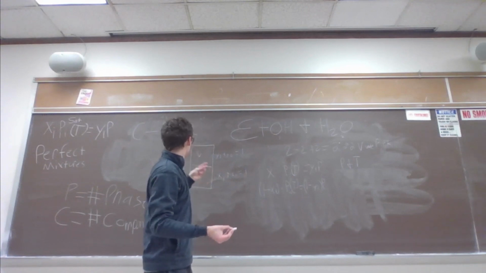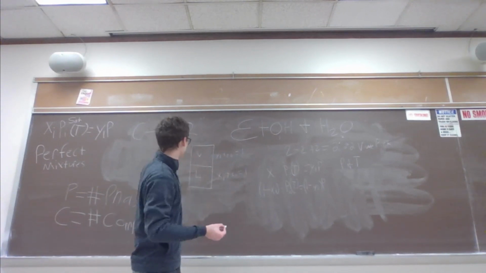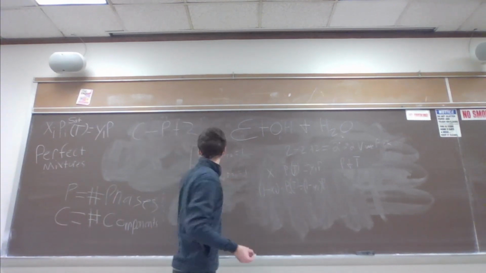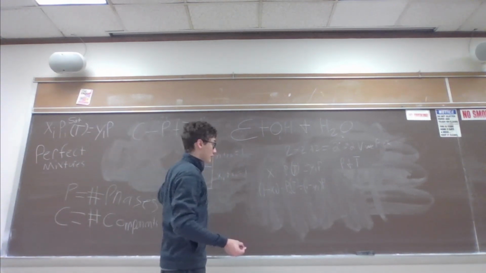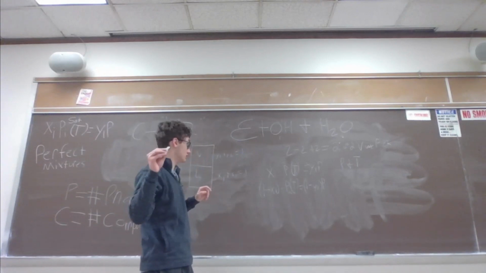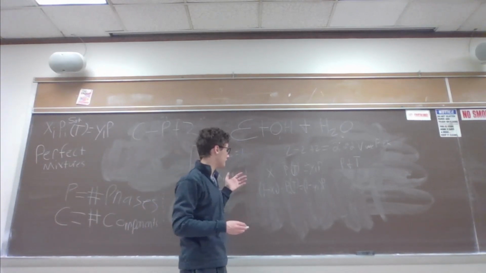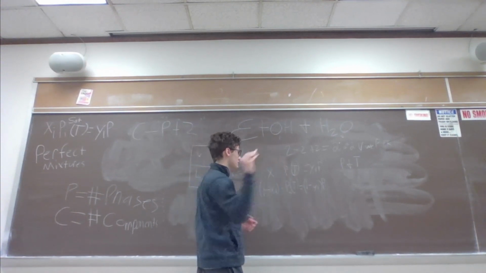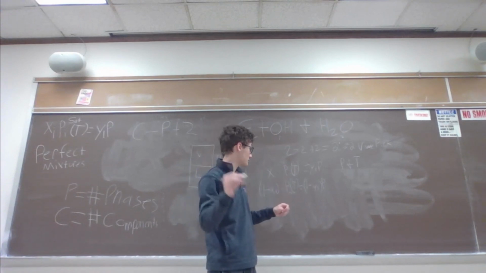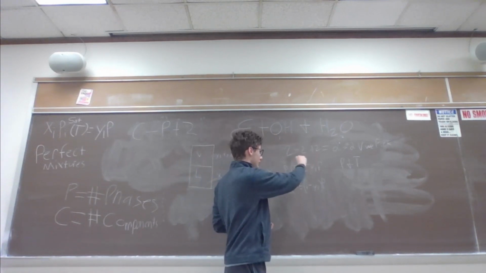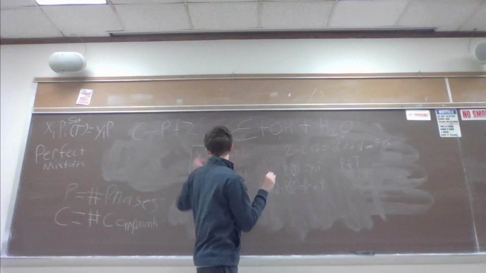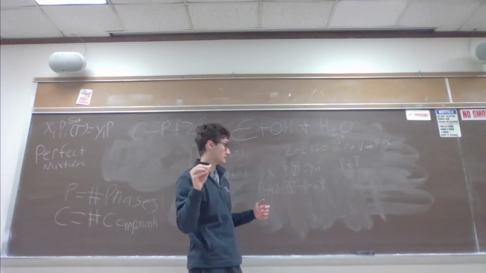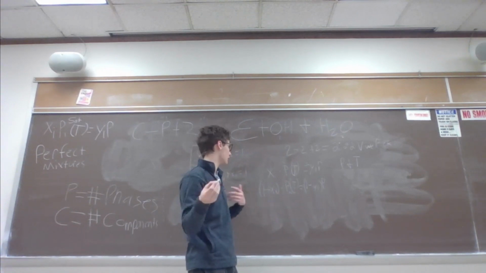Let me just run through this real quick. We have two components, two phases, which gives us 2 degrees of freedom, and we can write out using Raoult's law, which requires a perfect mixture and ideal gas, these two equations: x1 times P saturation at a certain temperature, which we picked because we have 2 degrees of freedom, equals y1, the mole fraction in the vapor, times the total pressure, which we also picked to remain known or constant.